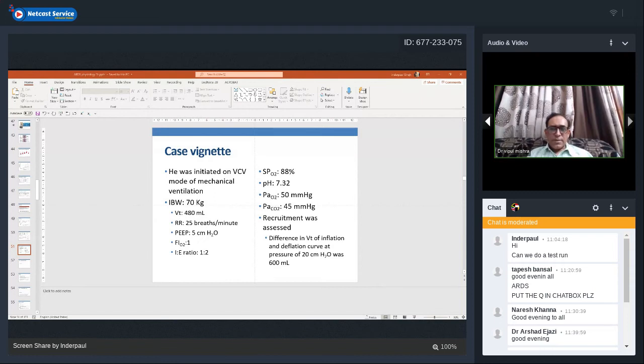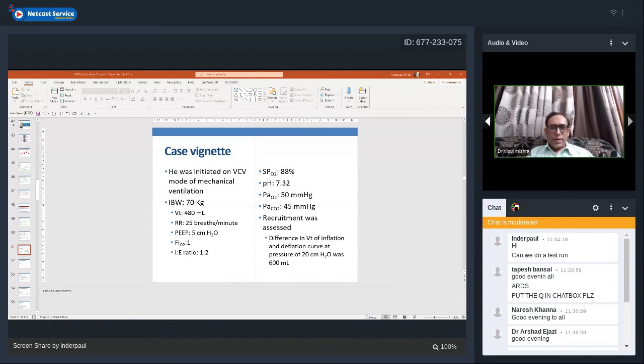But in all these trials and meta-analyses that have been done, this open lung strategy has not shown to improve mortality. And then Dr. Inderpaul correctly pointed out, this is a study which led clinicians to rethink our strategy of regular recruitment maneuver. And the reason why I think that recruitment maneuvers in the recent studies have not shown benefit is probably we are overdoing it.